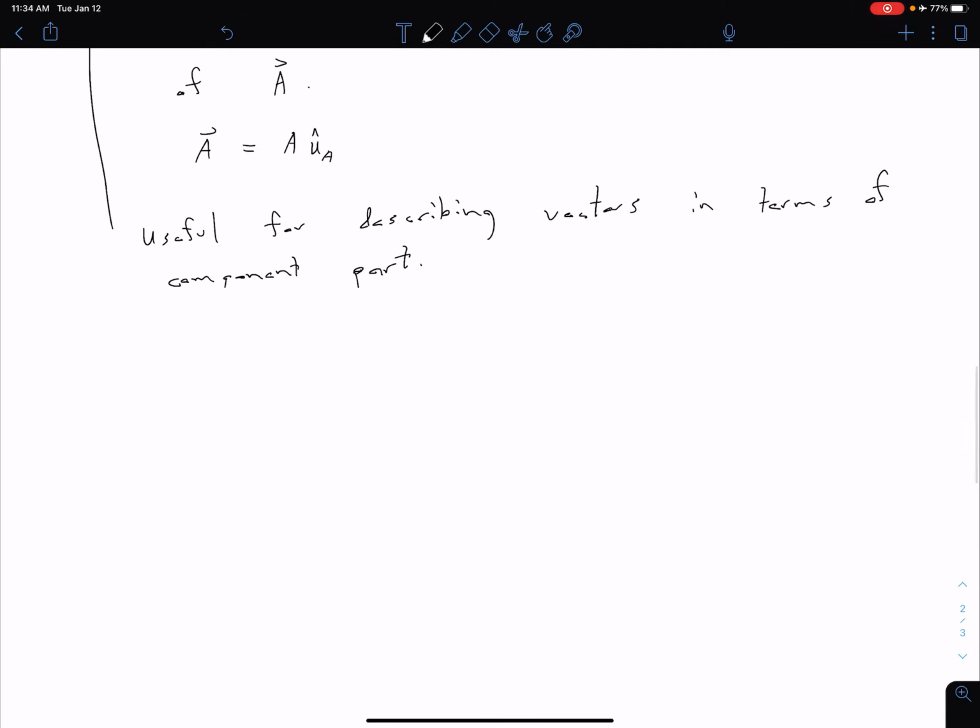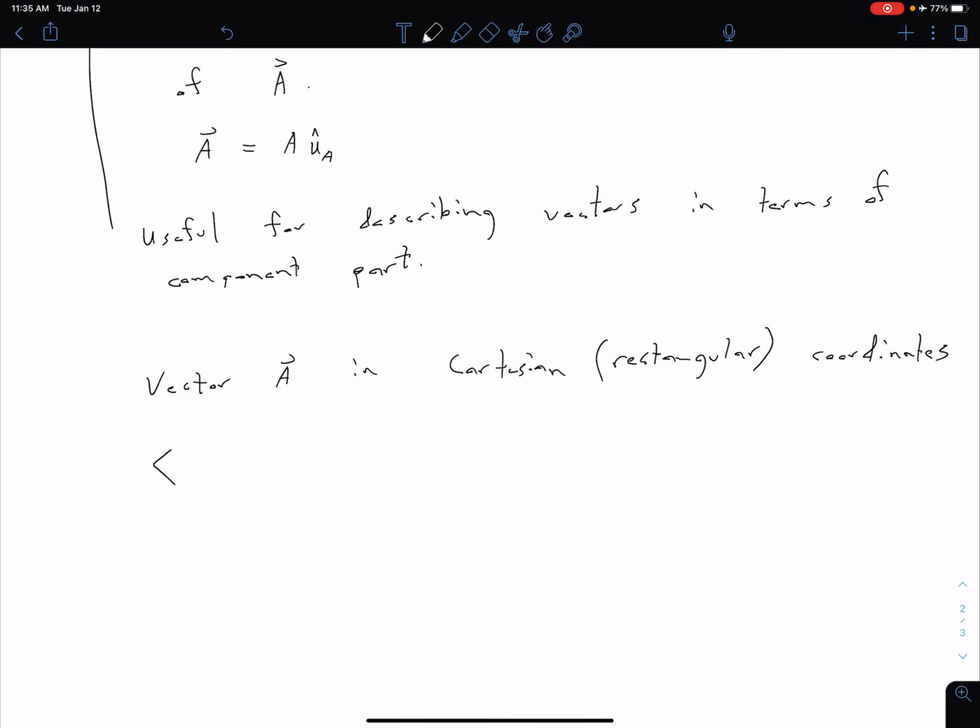Let's say we have some vector A in a particular coordinate system. So vector A in Cartesian or rectangular coordinates. Again, we're going to talk about our coordinate systems in more detail in the next unit. But for now, let's just talk about our Cartesian coordinate system, which is the one that most people are going to be familiar with. If we have a vector A in Cartesian coordinates, we can represent it one of two different ways.